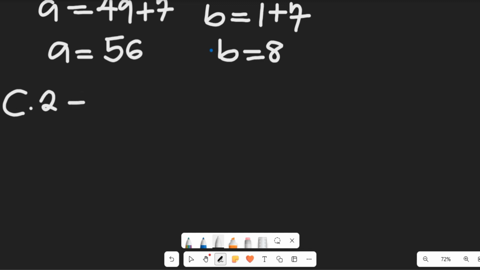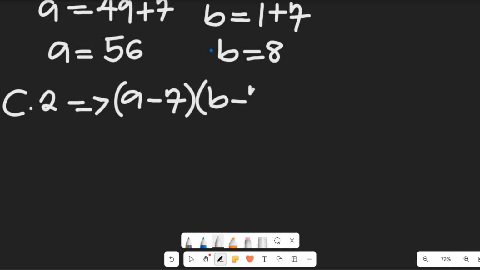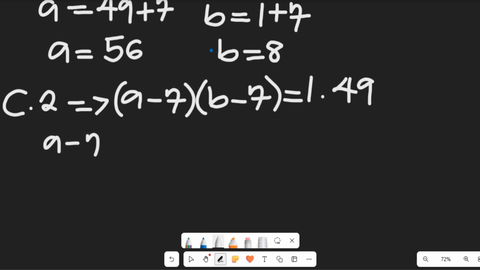Case 2 will still give me the value of a minus 7, and then I'll have b minus 7, and this will be equal to 1 multiplied by 49. So if 1 multiply 49, I'll have a minus 7 to be equal to 1, and I'll have b minus 7 to be equal to 49.